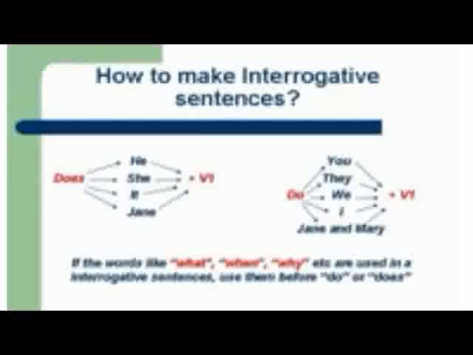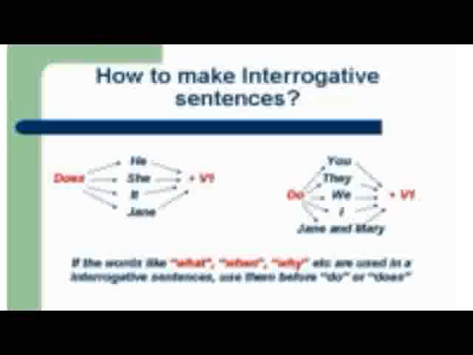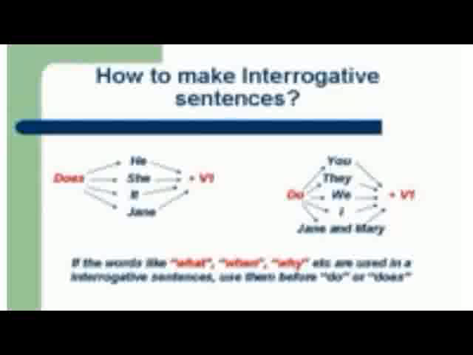As we have done in negative sentences, where we used does not with he, she, it and a singular noun, similarly in interrogative we will use does with he, she, it and a singular noun, and we will use do with you, they, we and I, and with plural nouns.